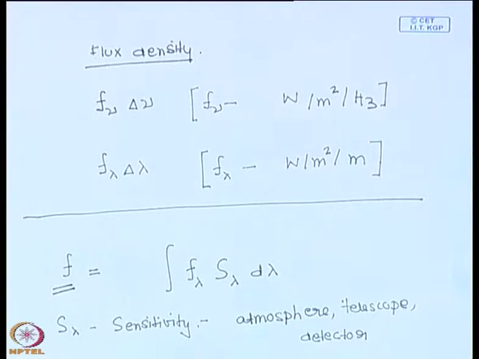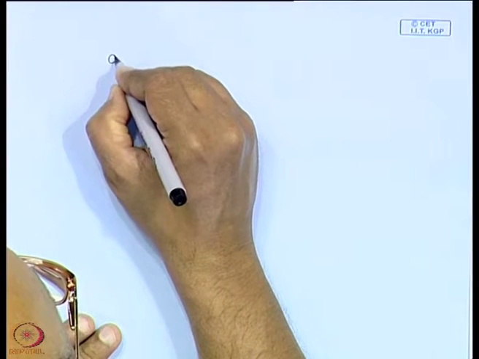Right. Now, in astronomy, it is standard procedure, particularly in optical astronomy, to quantify the flux, the brightness of an object using units which are referred to as apparent magnitudes.